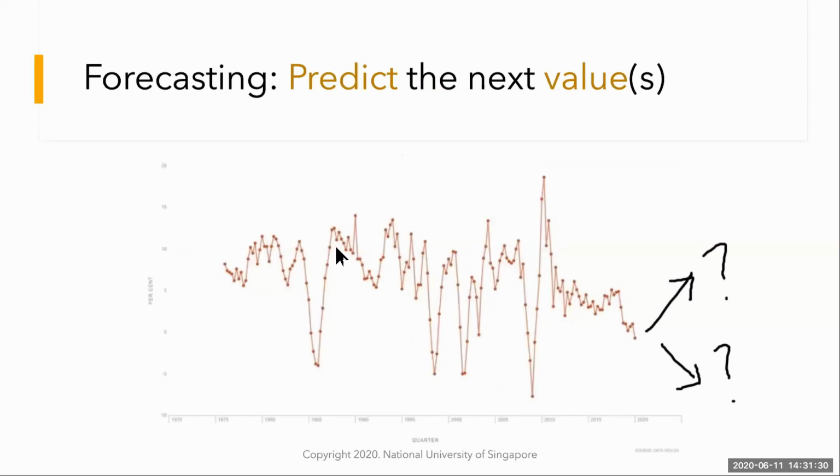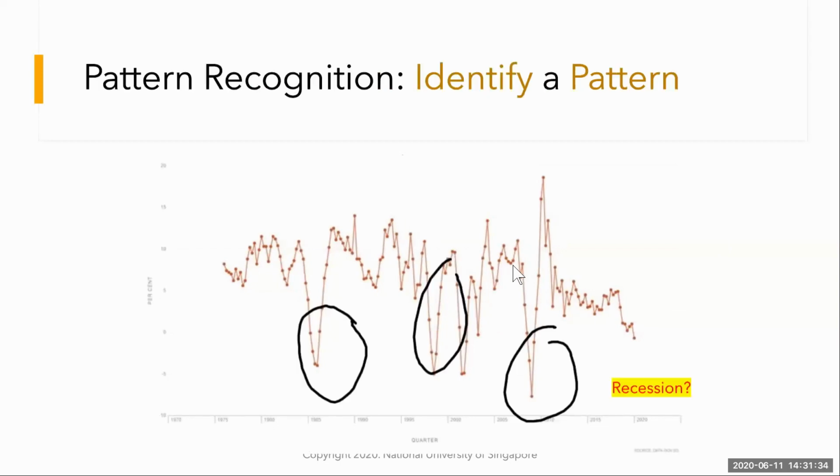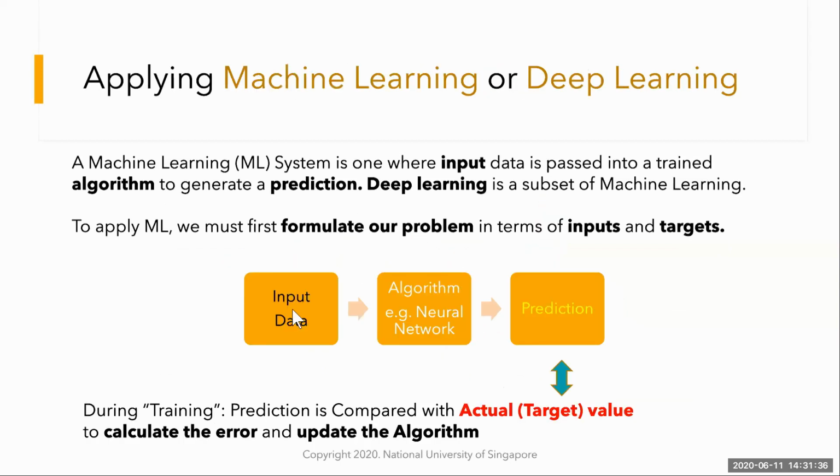You need to figure out how to feed this into your machine learning system. A simple way to think about it is that the system has input data fed into an algorithm. The algorithm can be a neural network, or something else, and that outputs a prediction. The neural network will calculate something based on our input data, and it will spit out a number or a prediction.